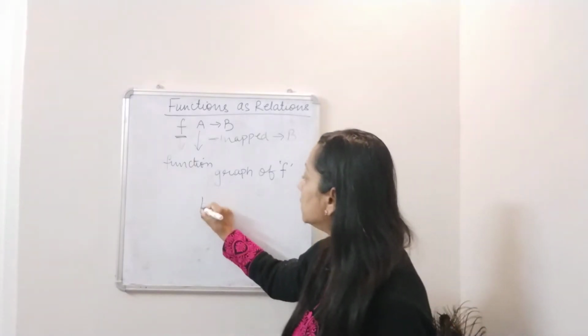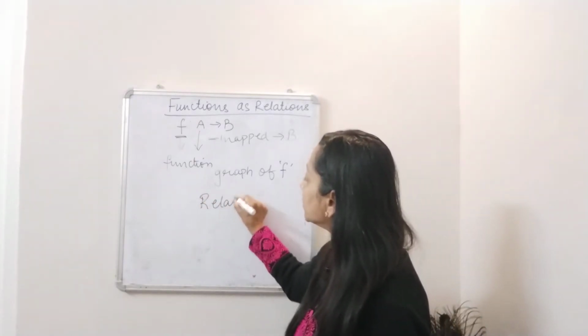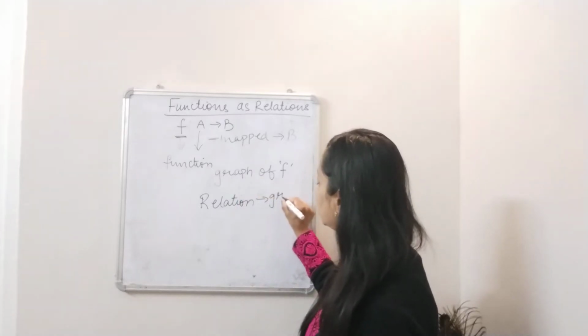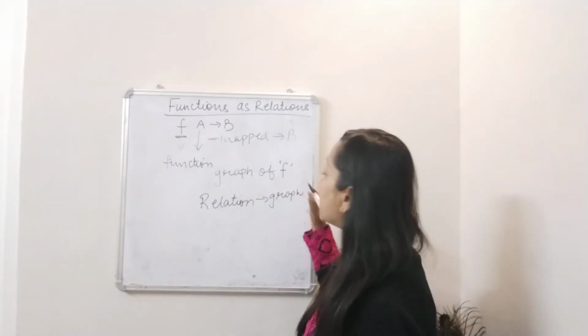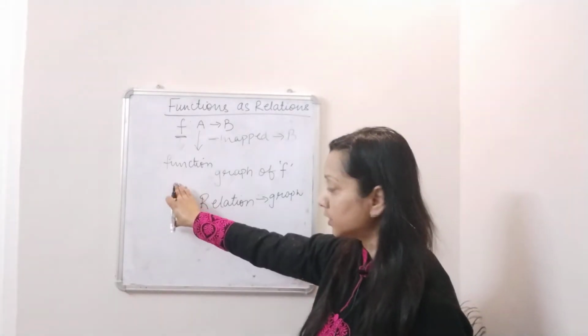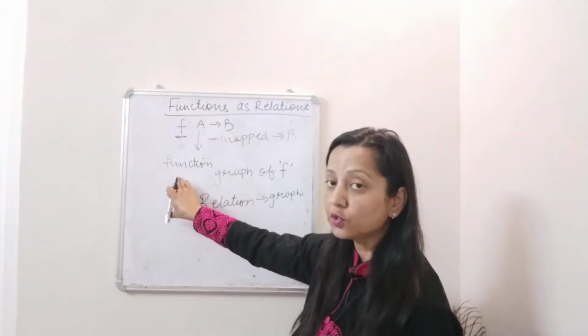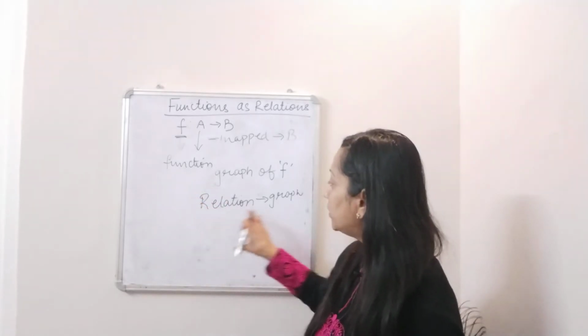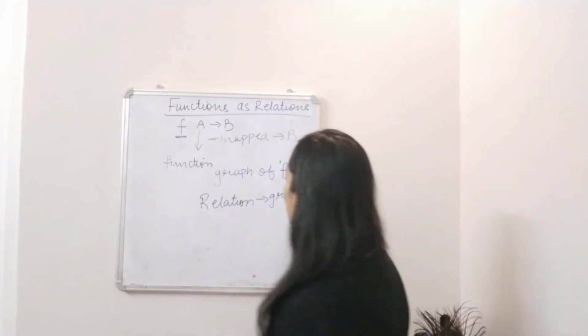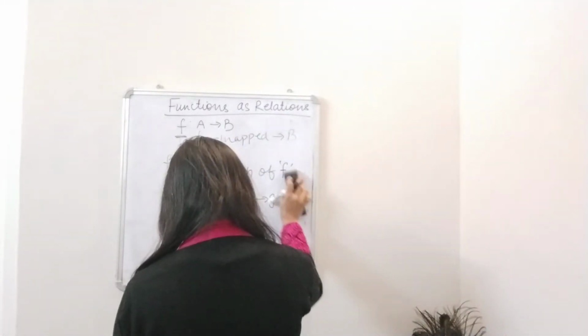So here in case of functions, relations will always be referred to as graph. You can also call them relations, but when we are talking of relations on functions, we will refer to them as graph of a function. Okay, now moving on.